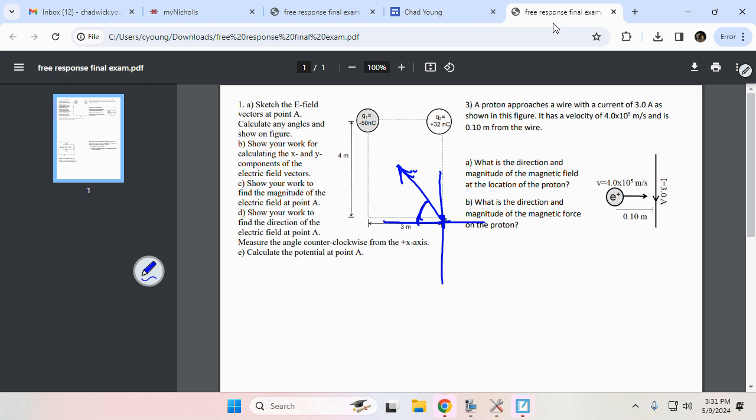I don't know if you remember last semester when we were doing inclined planes, we had a couple of cases where we were measuring angles from the y-axis, and we had to swap our cosines and sines. But you can do that. I think you're savvy enough to do that. But I always measure my angle from my x-axis. It makes life a lot easier.